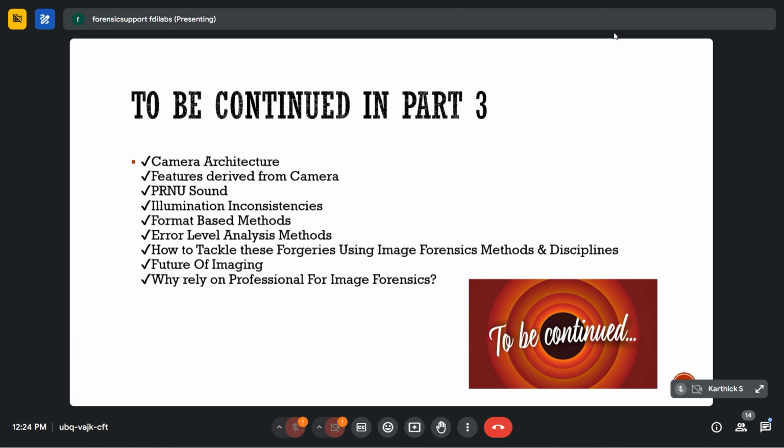How does multimedia forensics shape our day-to-day life, the crimes and forgeries taking place, and why should we trust an expert for image manipulation forensics? We will see all these contents in the upcoming part three.